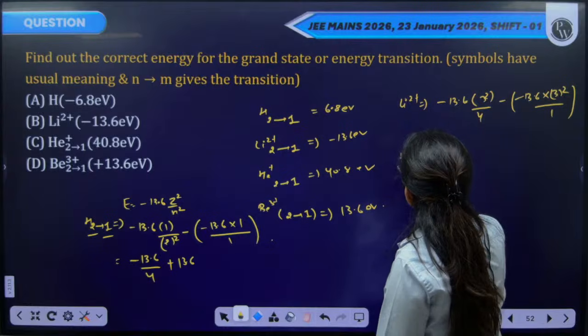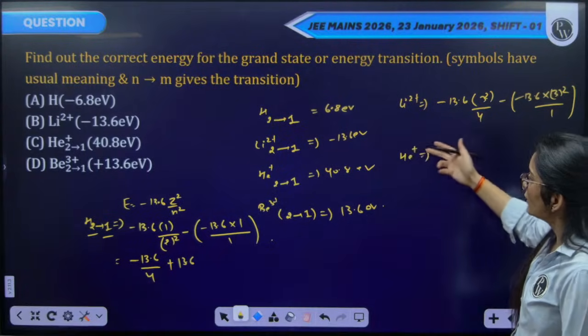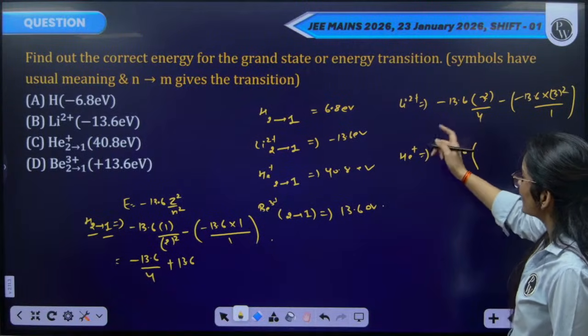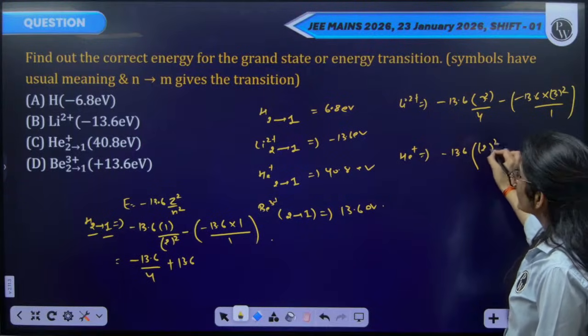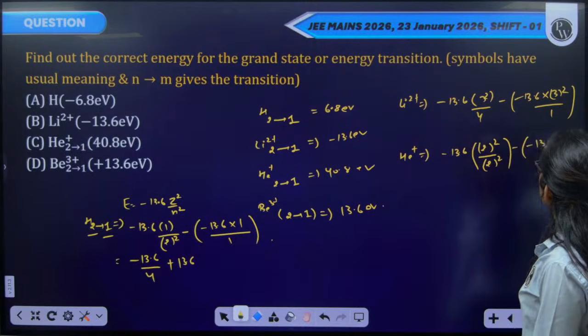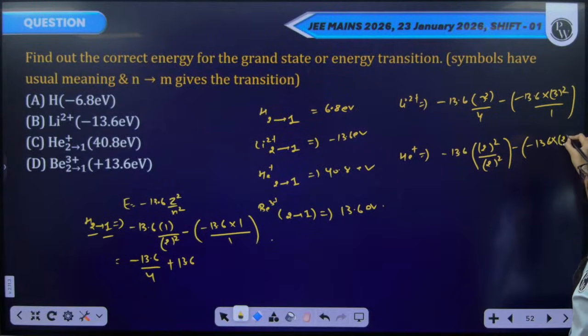Then again you can do it for helium positive. Hydrogen, helium 2 will be the atomic number. So again minus 13.6 Z square. What will be the Z value? The Z value will be 2. 2 square divided by 2 square, minus 13.6, then in place of Z again you can put 2 square, then below you can put 1 square.